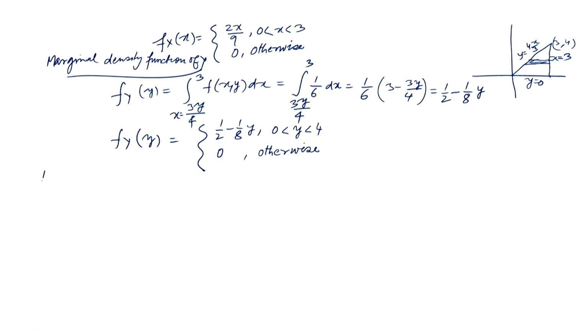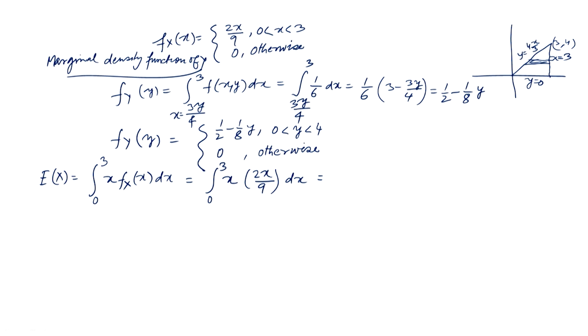Now, let us find the expected value of x. So, the expected value of x is x multiplied by its probability density function, and x varies from 0 to 3. So, the integral from 0 to 3 of x times f_X(x), f_X(x) is 2x by 9, dx.